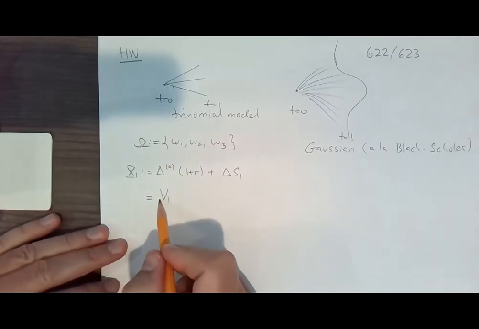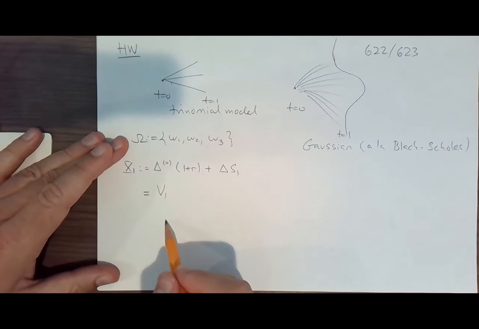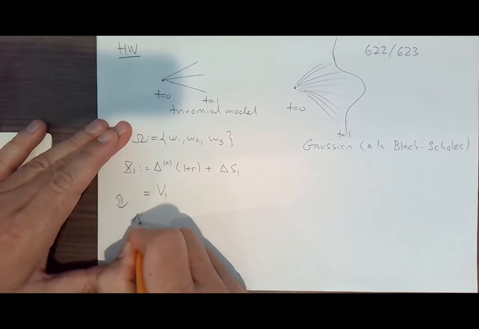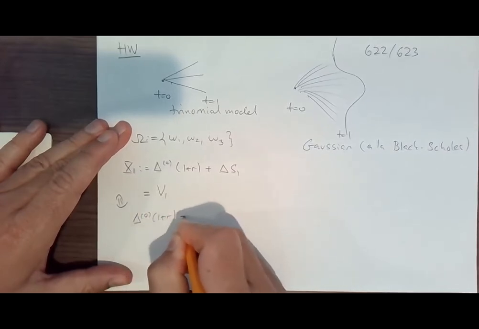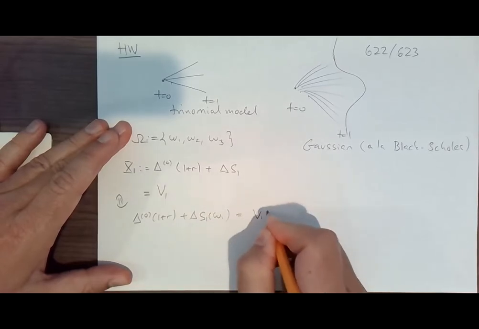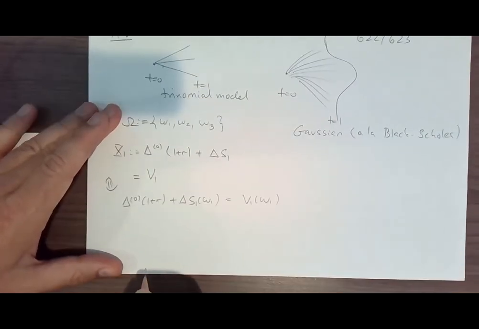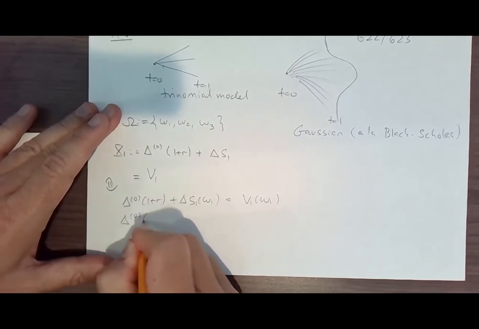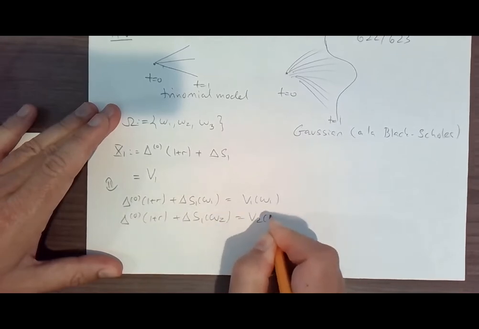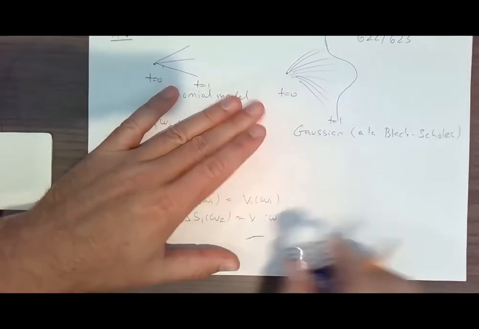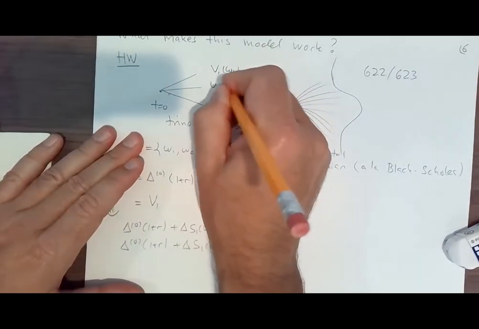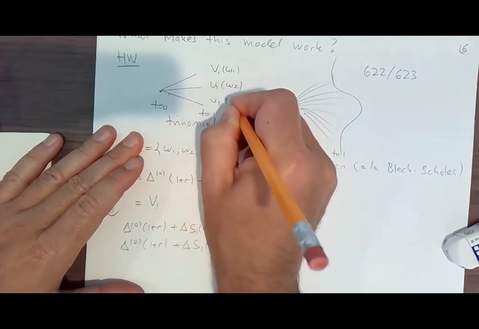So what this really is, is 3 equations. Here you have your omega 1, you want this to be that, but you have 3 of them. You also have omega 2, omega 3. Out here is where you have your V1 of omega 1, V1 of omega 2, V1 of omega 3.